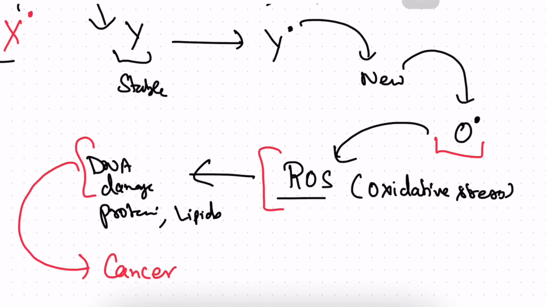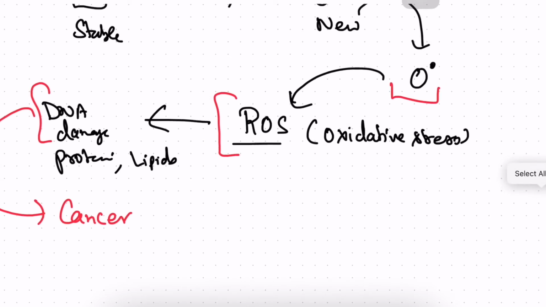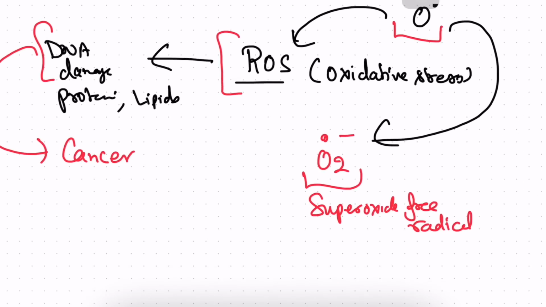Now I also want to tell you that this is oxygen radical, and sometimes we also see the formation of O2 minus, which we call superoxide free radicals.